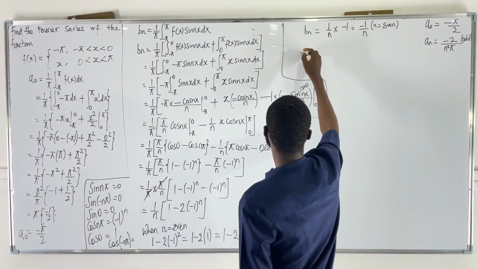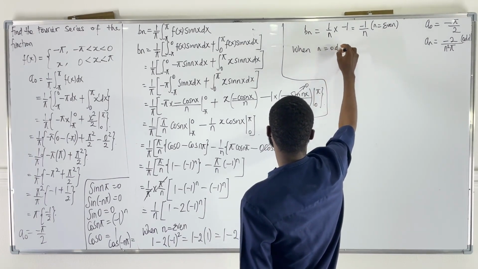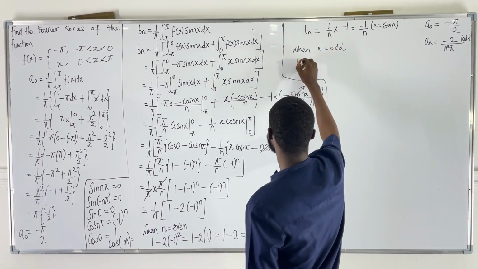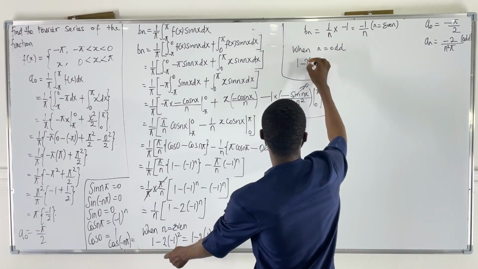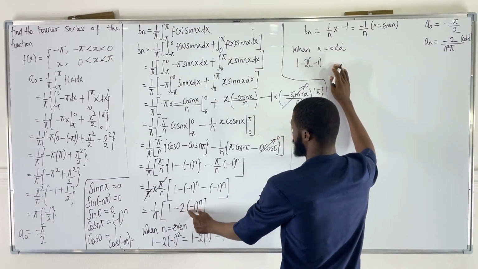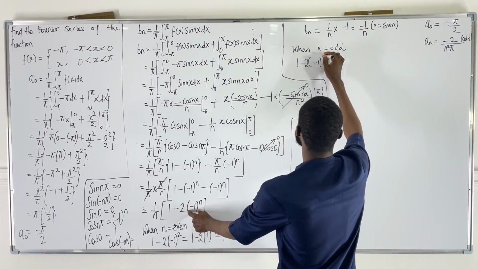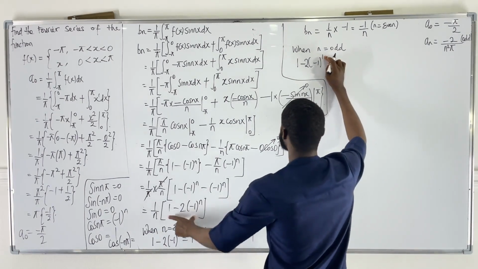Then next, when n is odd, let's do that. So when n is odd, we have 1 minus 2 into this. So let's say our n is 1, for example, because 1 is an odd number. We're trying to see how this will behave.